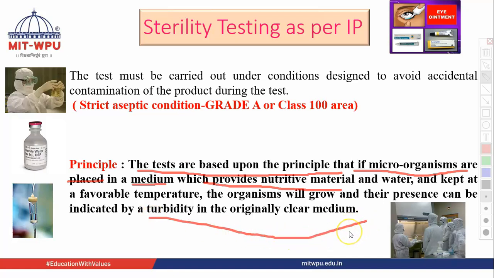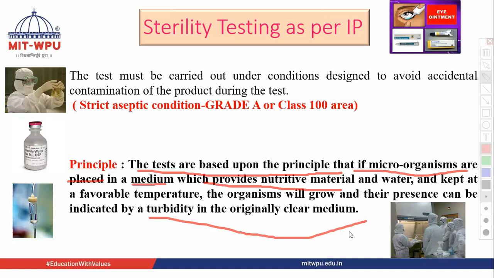If you have a medium which is already sterilized and clear, and you have a sample, for example injectables, and you pour that sample into the nutrient media, and the sample subjected for testing contains a microorganism, that will certainly grow in that culture media, and the culture media becomes turbid, and that will indicate the presence of contamination.